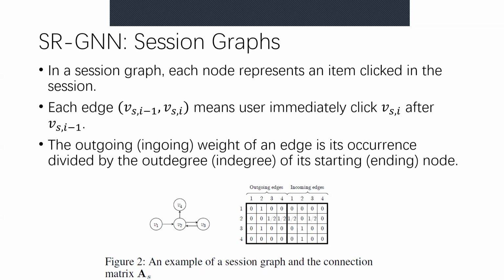So it ignores the specific order of the sequence, but captures the transition relationship between items. The observation is a sequence, but this graph is a representation of the underlying transitions.